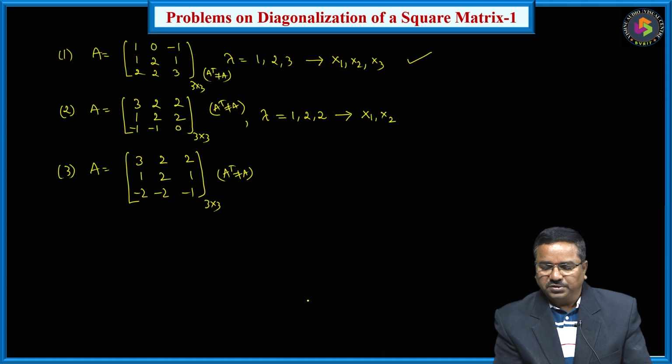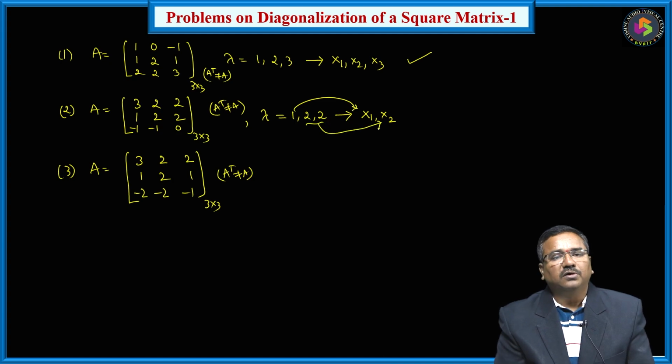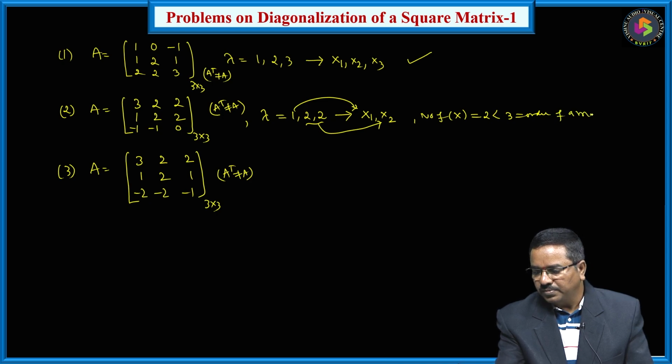For 1 you get one eigenvector, but for the repeated root 2 you get only one eigenvector. Finally, the number of eigenvectors is 2, which is less than the order of the matrix. What is the order of the matrix? It is 3.